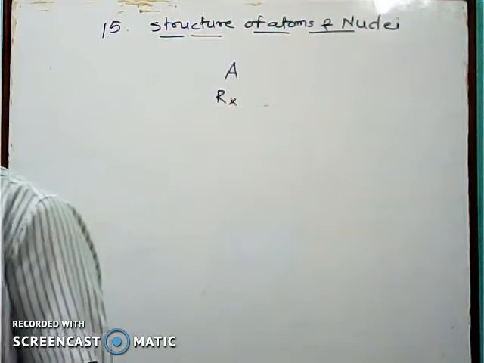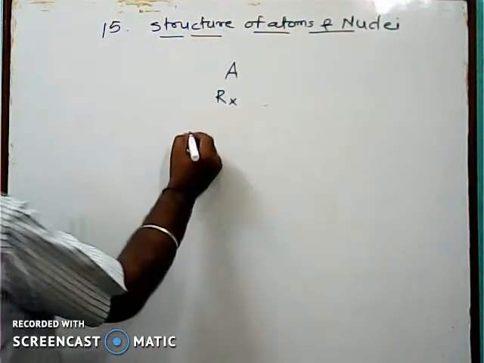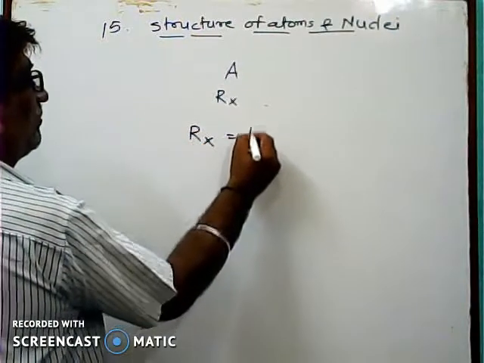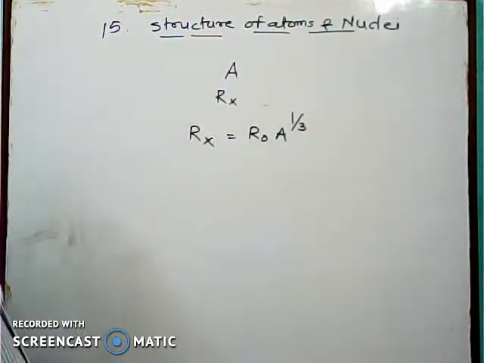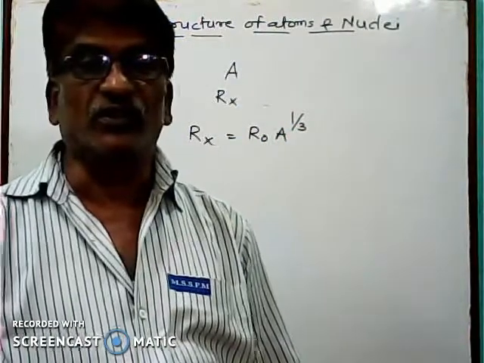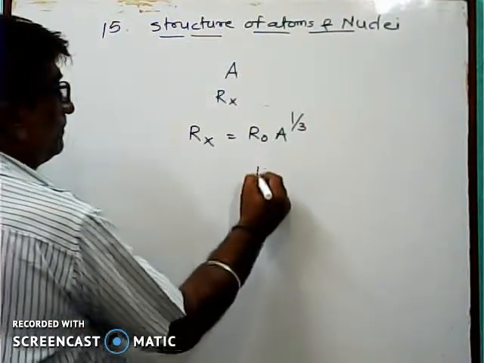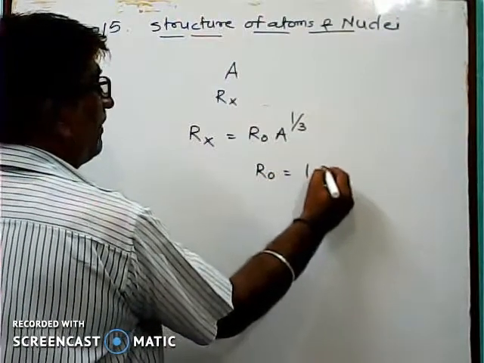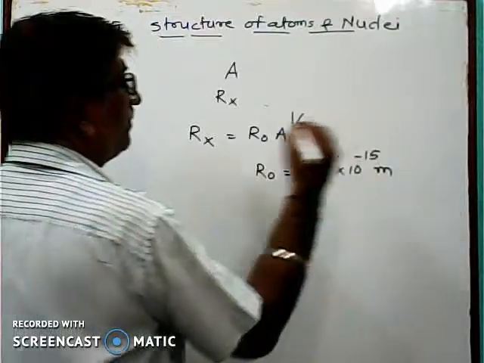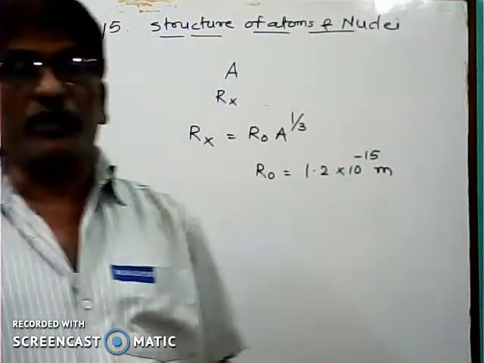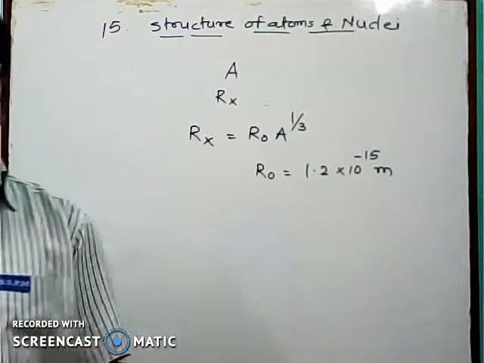So experimentally we can observe that Rx is equal to R0 A raised to 1 by 3, where R0 has the value 1.2 into 10 to the power minus 15 meter, or 1.2 femtometer.